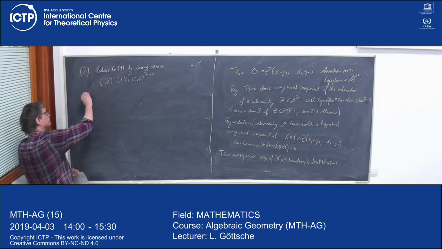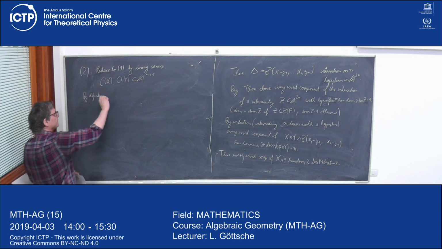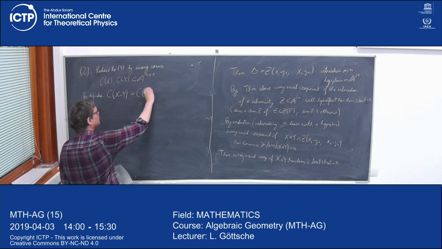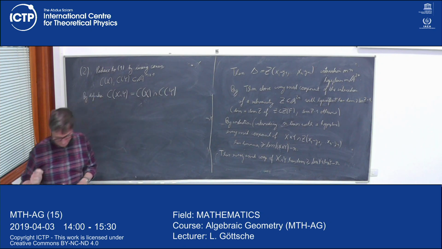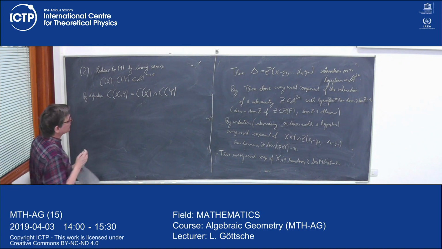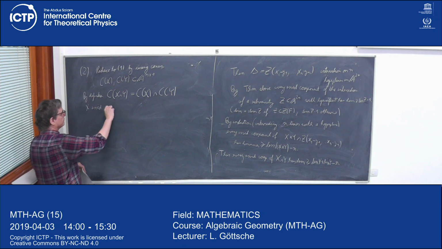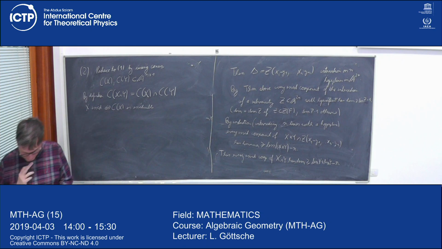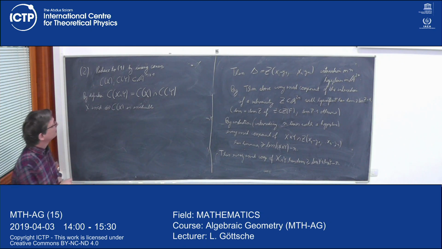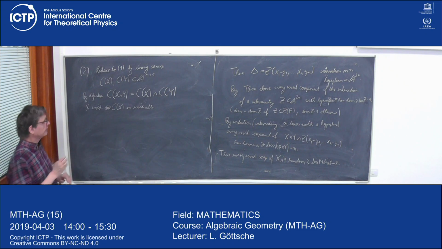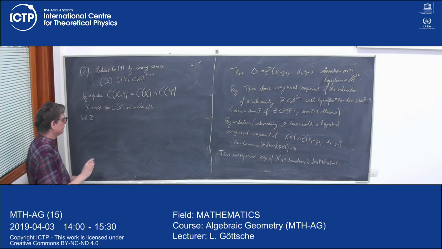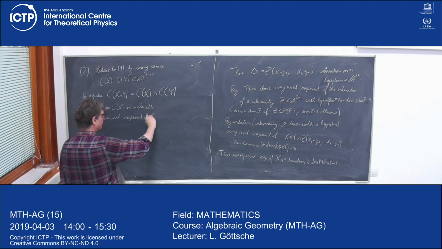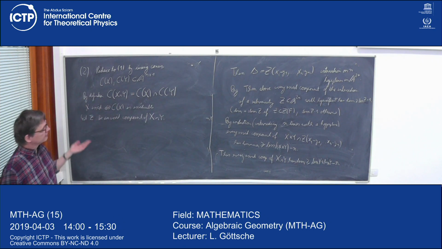It's easy to see that if I take the cone over X intersected Y, by definition, this is just the cone over X intersected the cone over Y. And X is irreducible only if the cone of X is irreducible, and obviously the same for Y. So now let Z be an irreducible component of X intersected Y. Then I think you should be able now to make the proof.